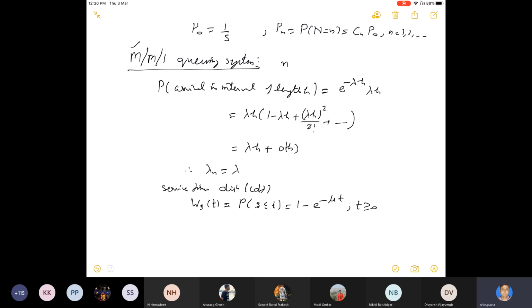So if a customer is receiving service, the probability of service completion, that means a death, in a short interval of duration h is, in the same fashion, mu h plus small o(h).